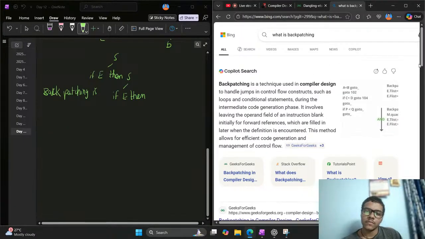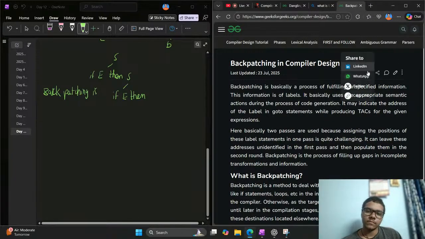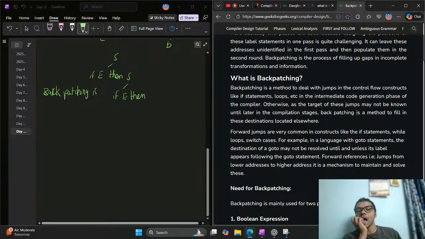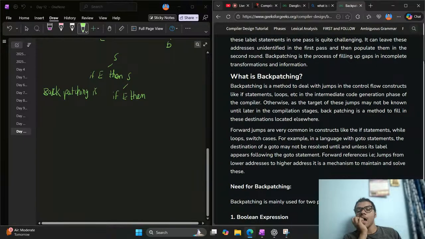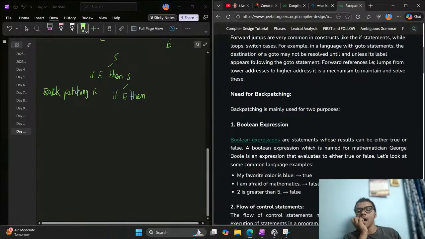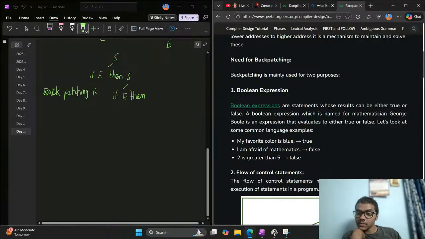Leaving a field of an instruction blank initially for forward reference, to be filled later. Boolean expressions are statements whose results can be either true or false.